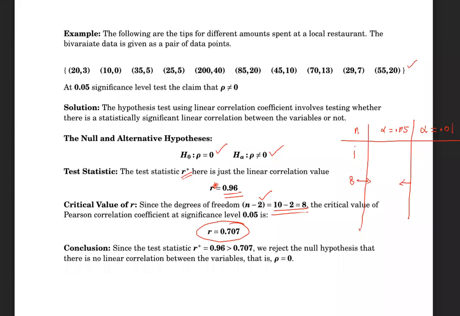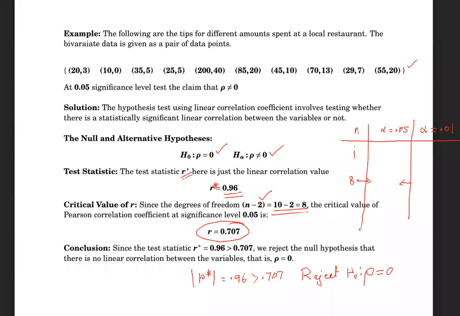Good. That is the value. Now, the absolute value of R star is 0.96, which is greater than 0.707. Therefore, you reject the null hypothesis, reject H naught, that rho is equal to 0.